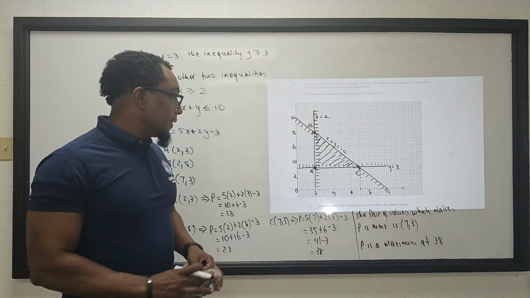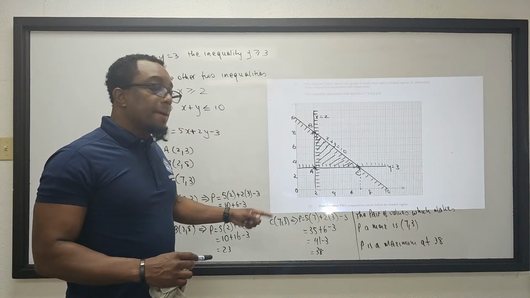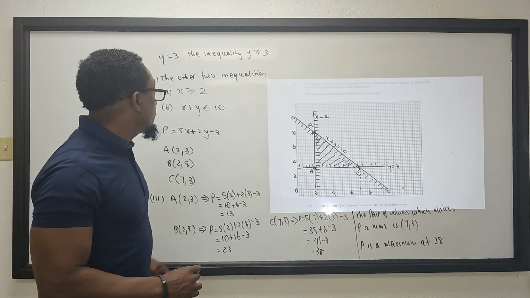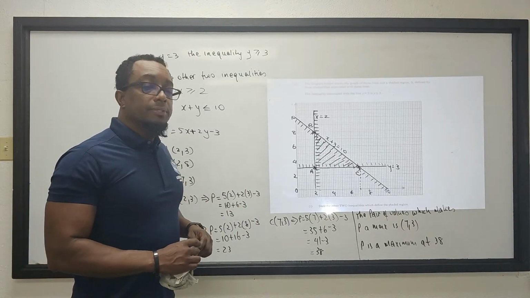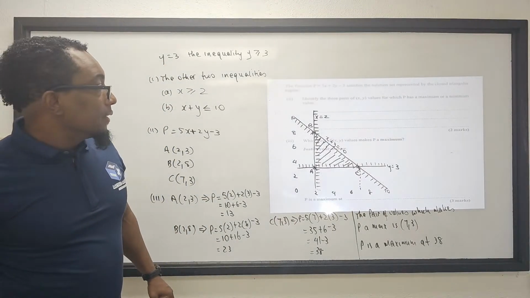Alright? Because we substituted the point 7, 3 to give us a maximum at 38. So the value of P will be 38, which we've calculated here. Alright? So let's move on to another.